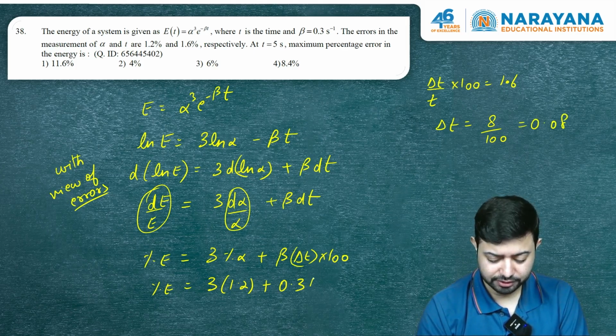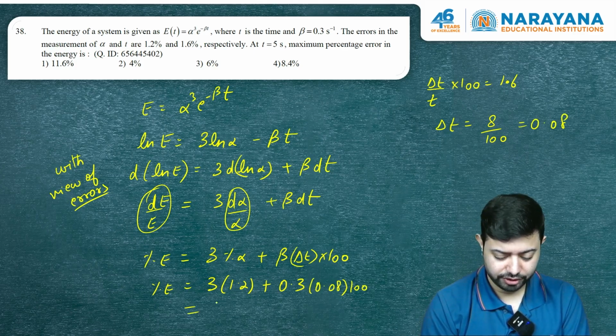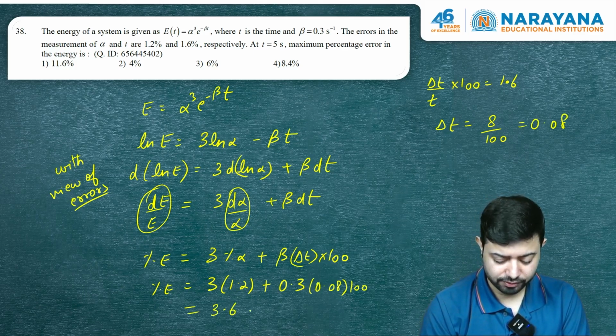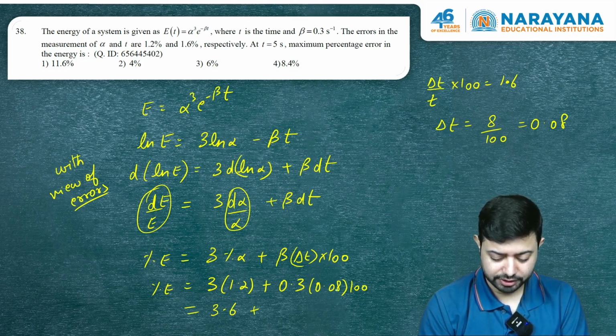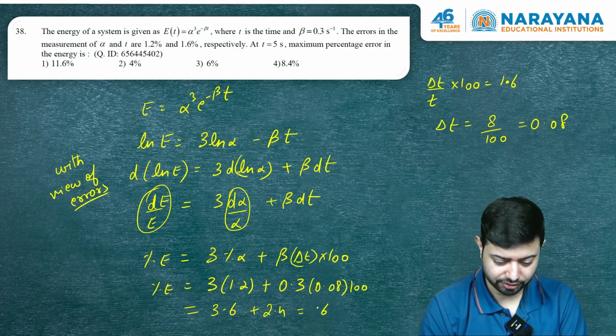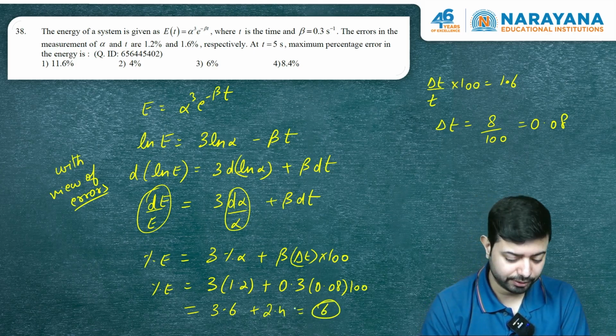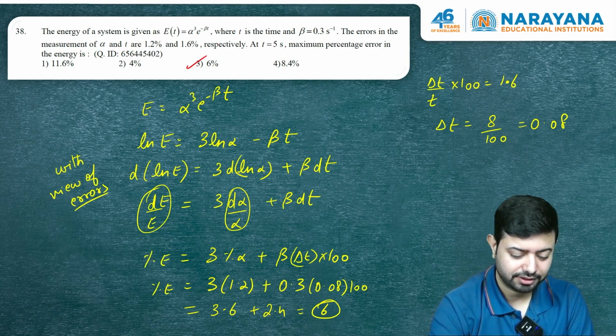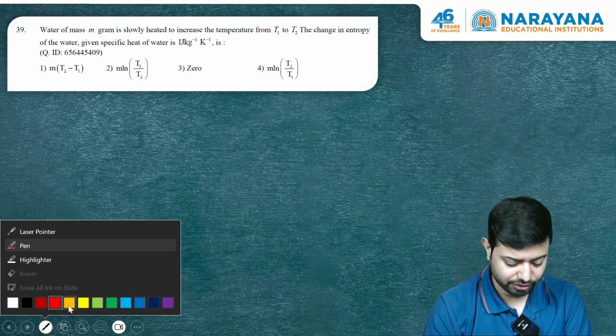So, just put here 0.08 multiplied by 100. Therefore, you get 3 into 1.2 is 3.6, and then 0.3 into 8 is 2.4. How much is it? 3.6 plus 2.4, it will be 6. So, 6 percent will give me the answer. So, which option? Third option. Alright, let us move to the next one.